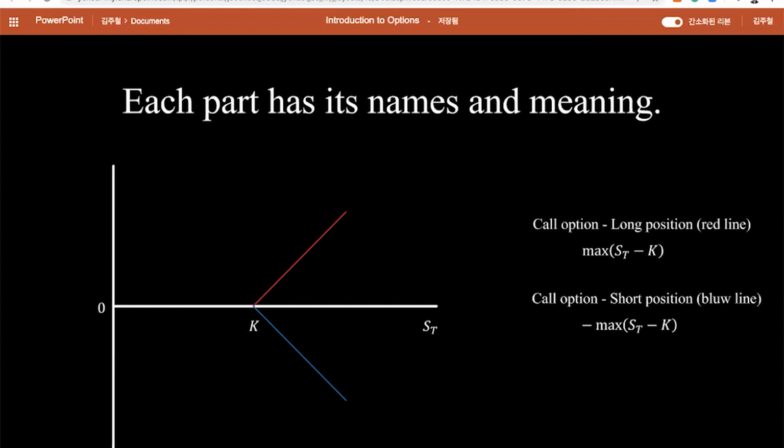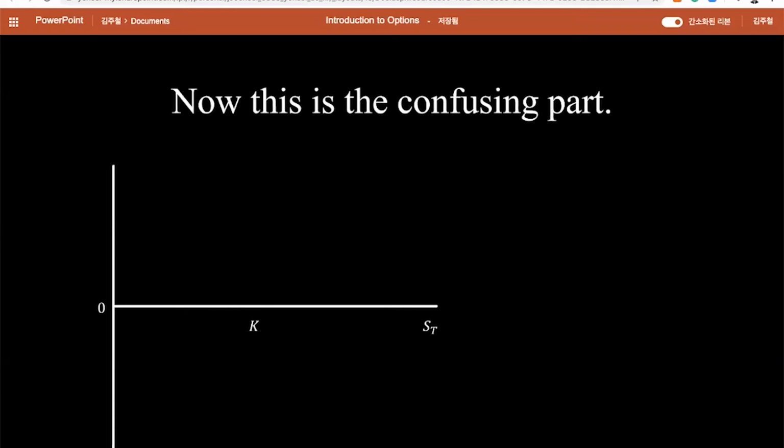And today we are going to talk about how we can determine the price of these products later. But I just wanted to mention that in order to have a call option in the long position, you have to pay a certain price to the seller of the call option, which means the short position.